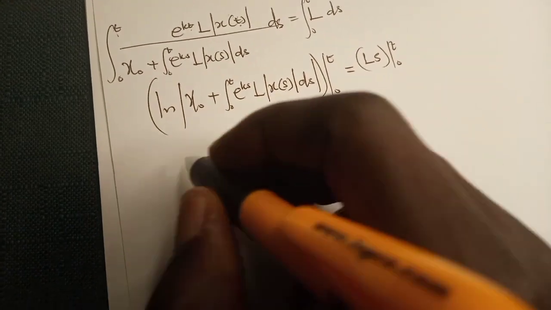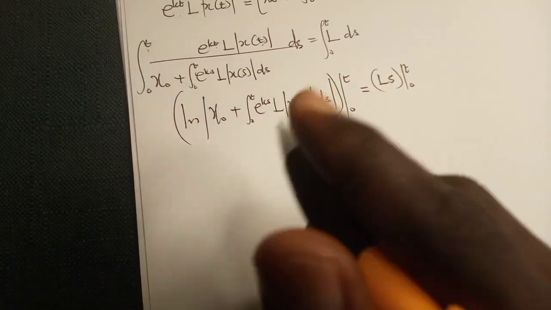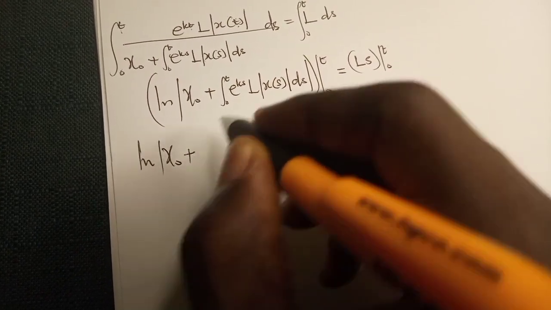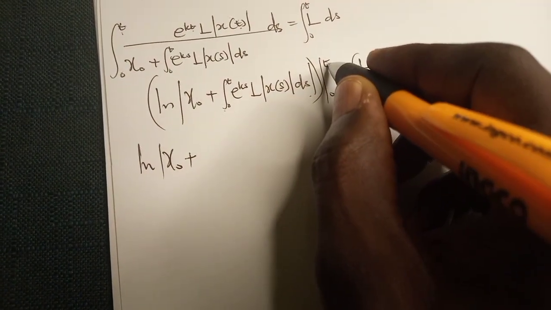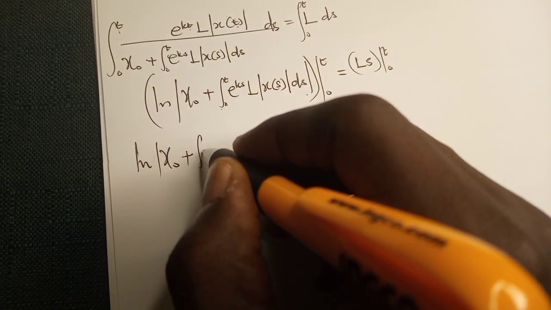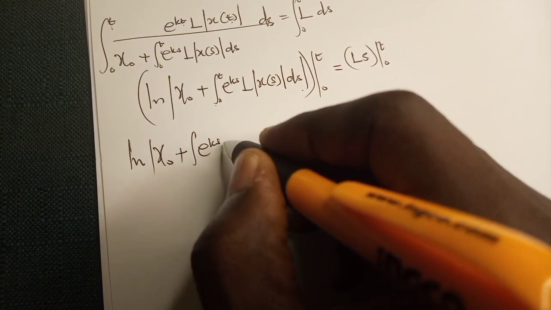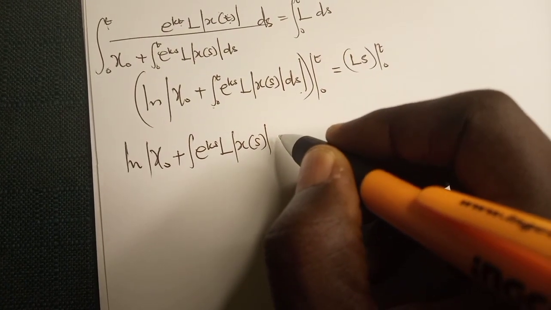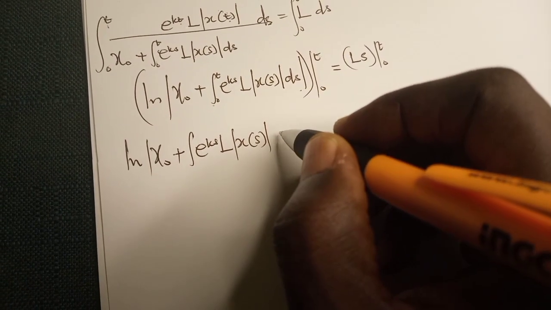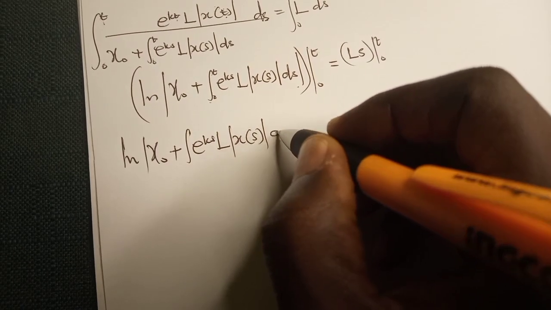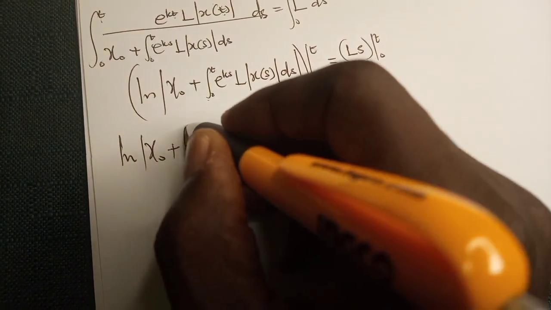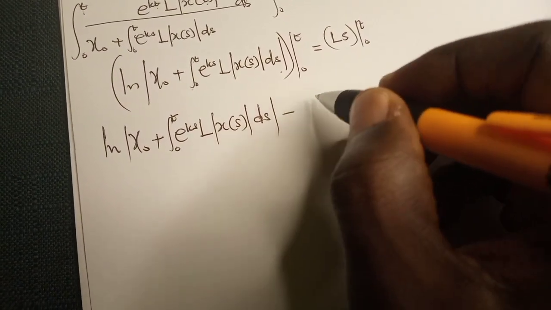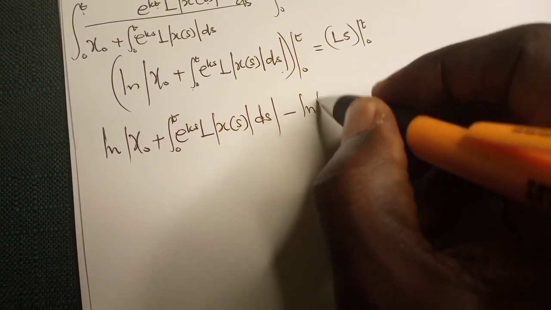Applying the limit, we will have x naught plus the integral of e exponent ks l x of s ds on the interval, minus ln of x naught.